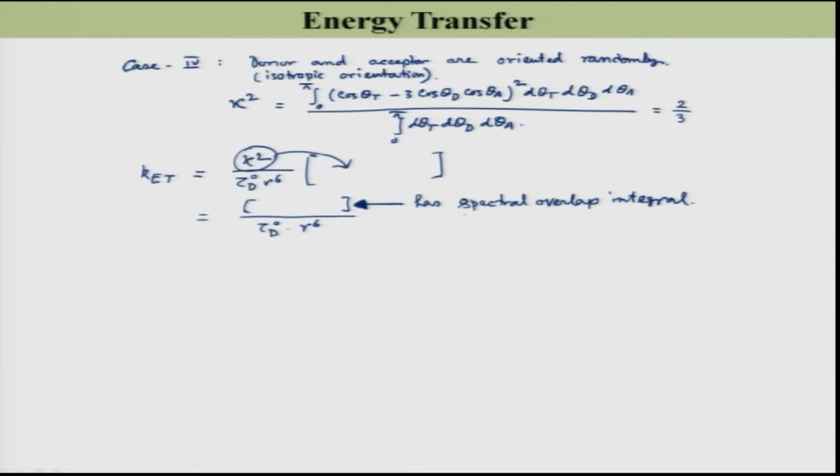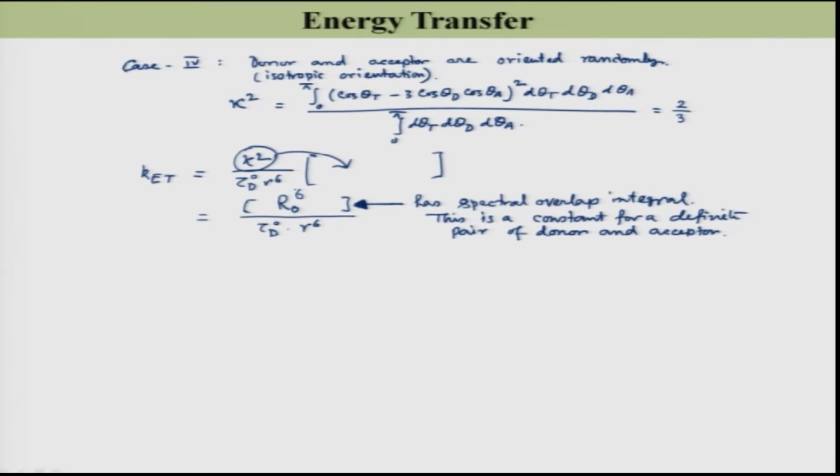It means this is a constant for a definite pair of donor and acceptor, and that constant is written as capital R 0 to the power 6. That I can do as per my desire.